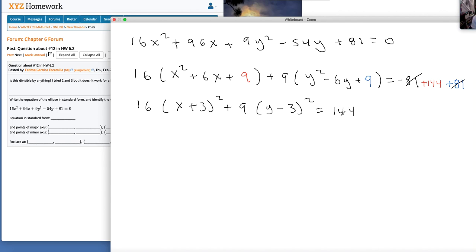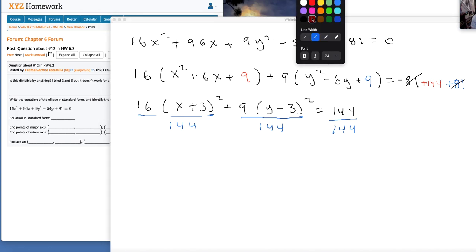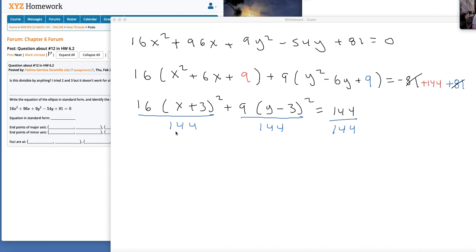And then the last thing we have to do, so this is 144, but remember, for the equation of an ellipse, this always equals 1. So what we'll do is we're going to divide everything by 144 so that this comes out to 1. And when I do that, this will reduce. 16 went in 9 times, so this is going to be x plus 3 quantity squared over 9.